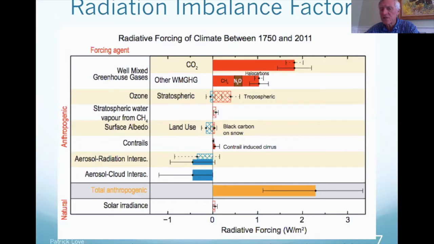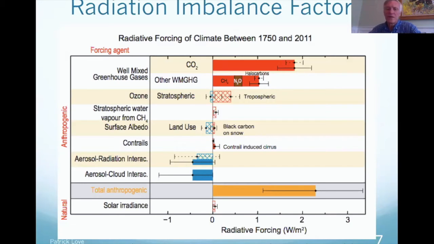What it tells us is that the greenhouse gases are a very important contribution to warming. They're not the only ones. Ozone is there. The sun contributes a little bit, but the big ones are the greenhouse gases. This is one approach to this problem of looking at it.